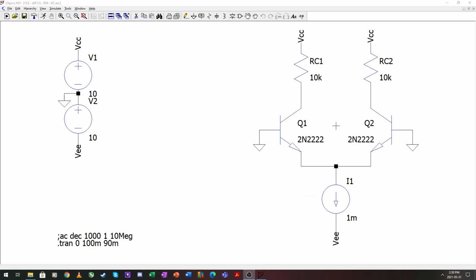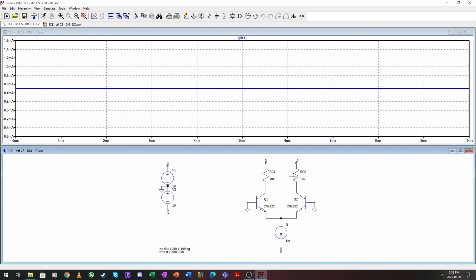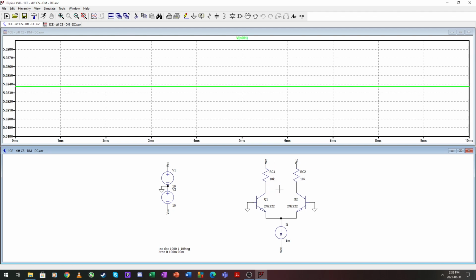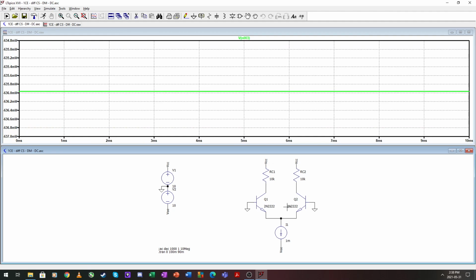Our first simulation is the DC bias, so we ground it with two inputs, and let's see what we get. So 1 milliampere current source, 500 micro flowing on both sides, very close to 5 volts at the collectors, and for the 2N quad 2 transistor, it's not quite 0.7 volts, it is closer to 0.6 volts.